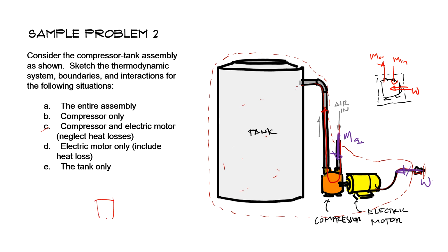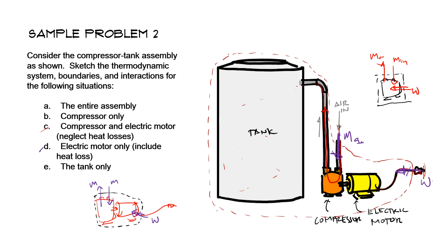If this is the case, let's say here's the compressor, then here's the electric motor. In terms of interaction, we have here the electrical work, and then we have the mass of air, and also the mass of air that's exiting the compressor.